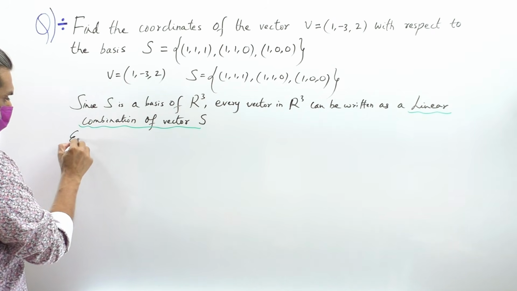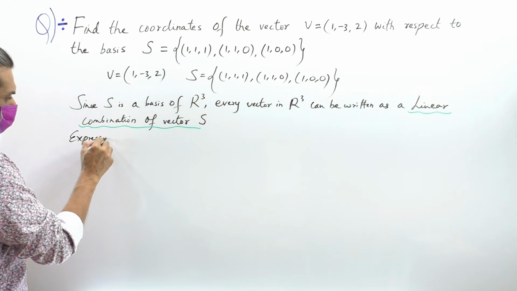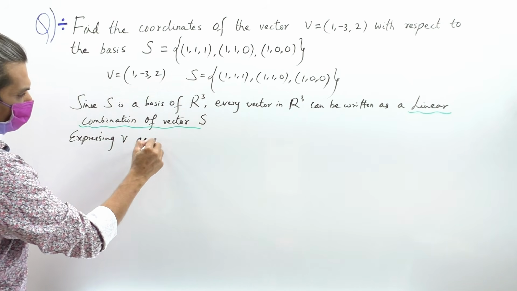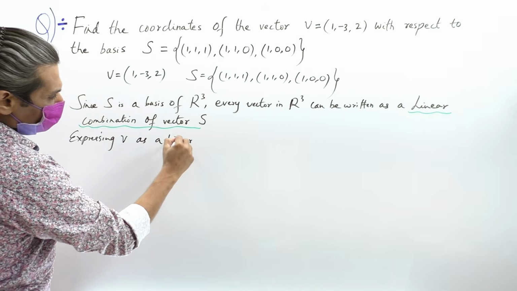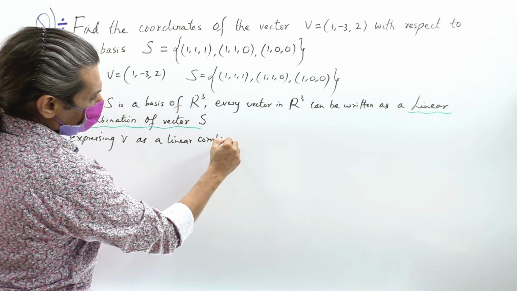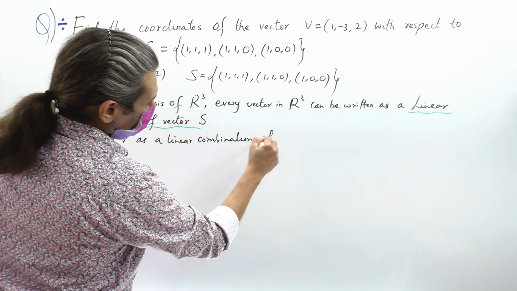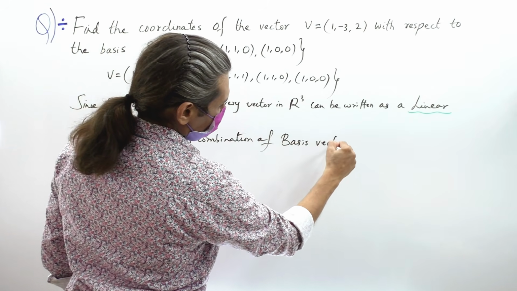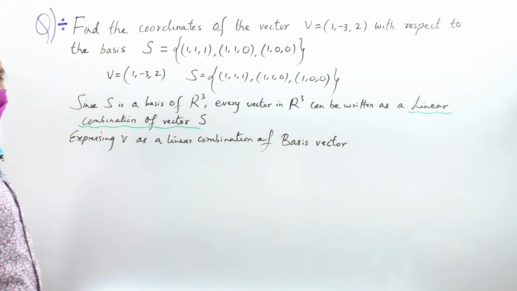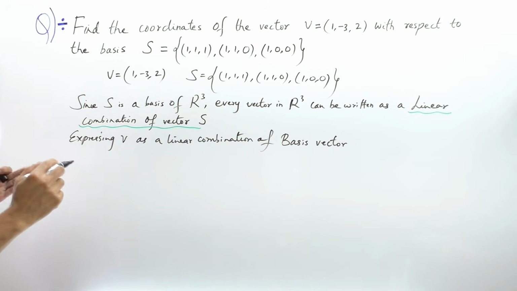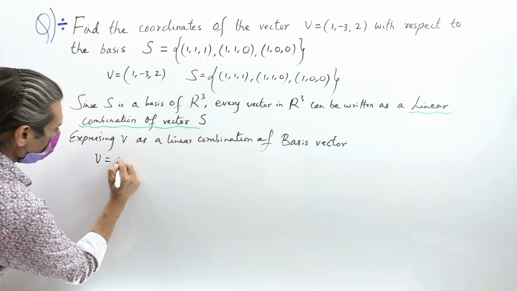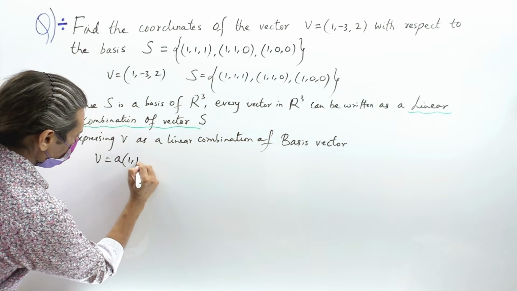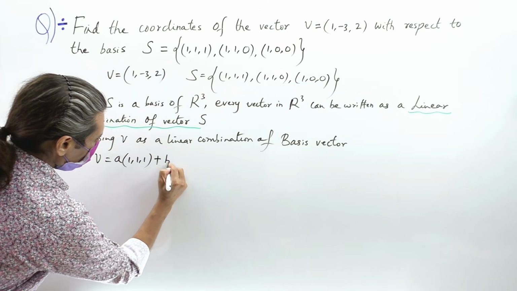So, expressing v as a linear combination of basis vectors, we can write v = a(1,1,1) + b(1,1,0) + c(1,0,0).